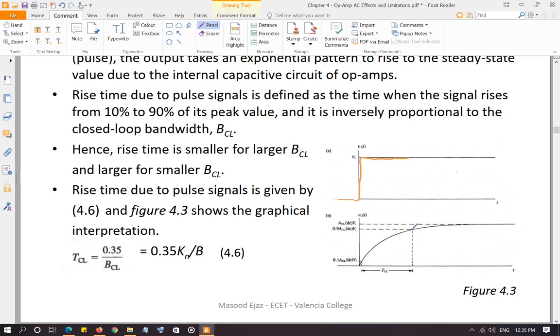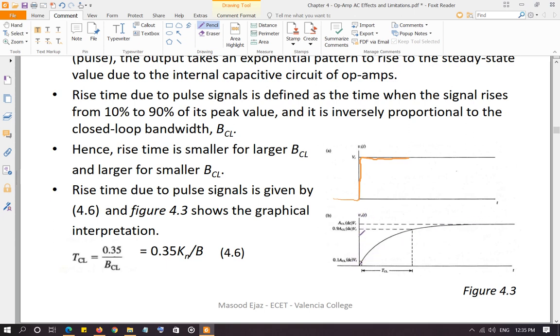Again, we discussed in circuit analysis that when RC circuits are charging, based on the time constant of the RC circuit, they charge exponentially before they hit their steady state value. So the same concept applies here. The internal capacitors are charging to hold the maximum value at the output, and because they are charging, they are going to take an exponential trajectory to go from 0 to the peak value.